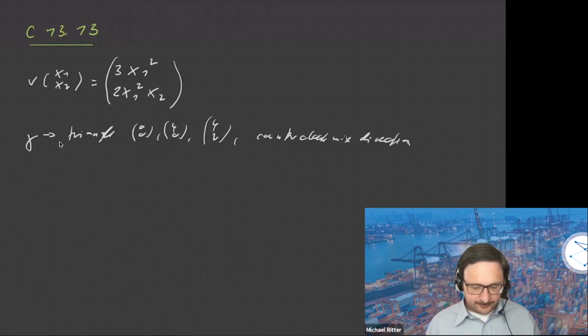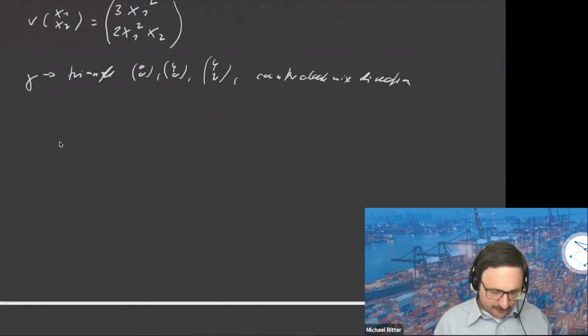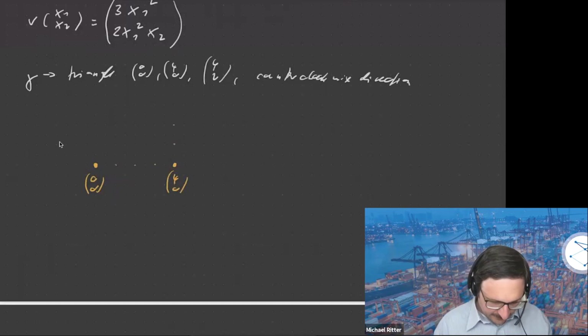Okay, so let's make a quick sketch first for that triangle here. We have (0,0). Let's say this is the origin. Then we have 1, 2, 3. That is 4 here. 4, 0. And here is (4,2). That point.